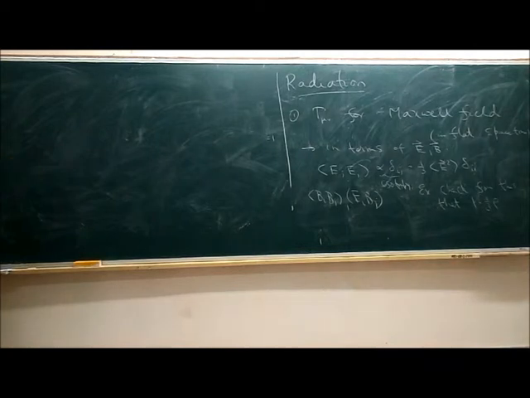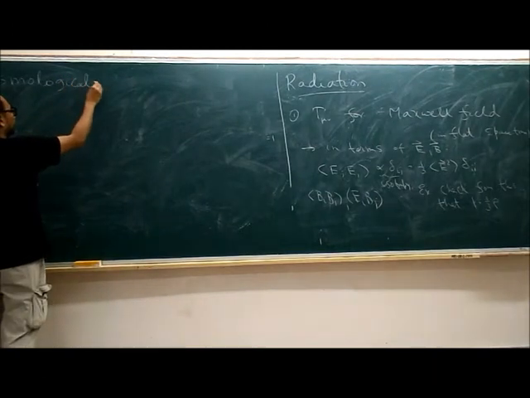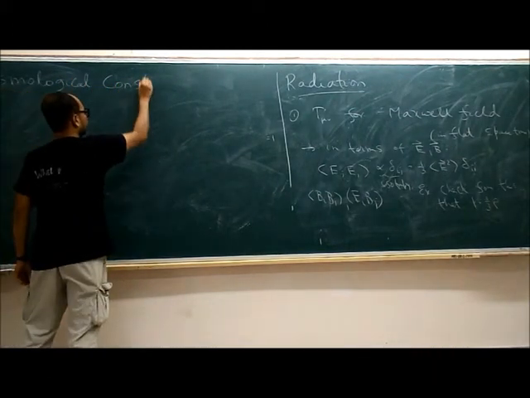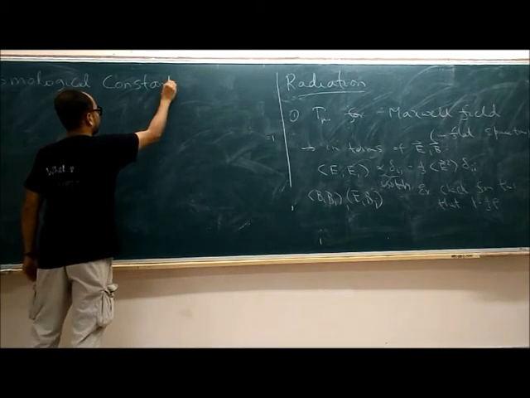Originally the cosmological constant was introduced just as a term in Einstein's equation, which basically modifies the gravitational equations.